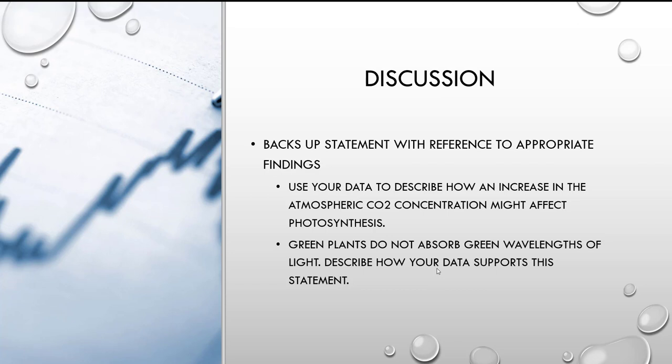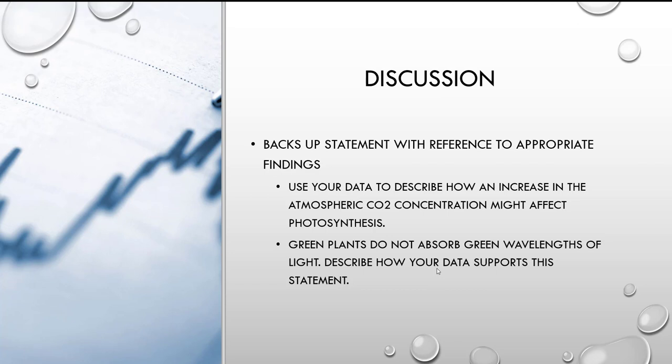Use your data to describe how an increase in the atmospheric CO2 concentration might affect photosynthesis. When we're looking at the distilled water versus bicarbonate, you noticed a difference. So based on that, how do you think an increase in our own carbon dioxide concentration in our atmosphere might affect photosynthesis?